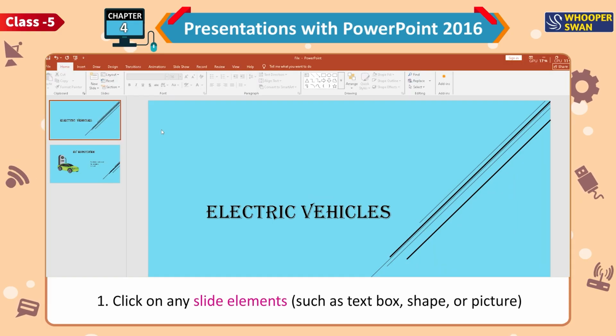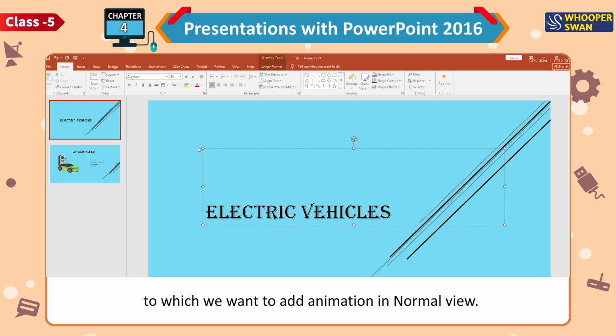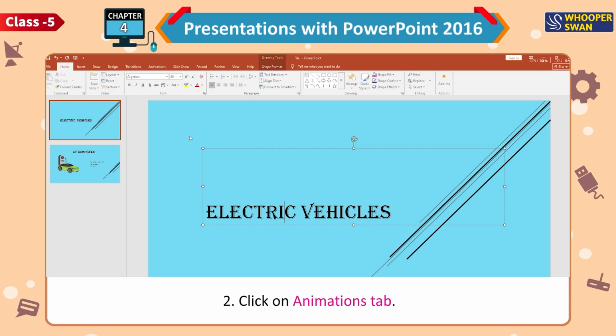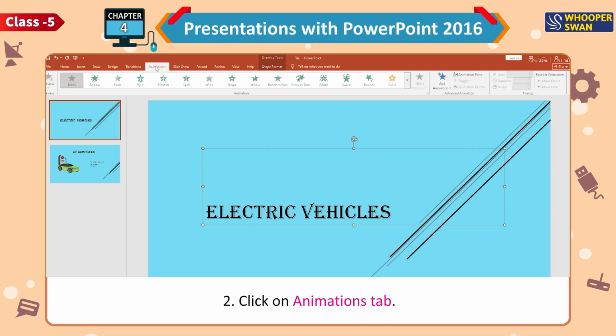Step 1. Click on any slide element, such as a text box, shape, or picture, to which we want to add animation in Normal view. Step 2. Click on the Animations tab. Step 3. Click on Animation Effect.